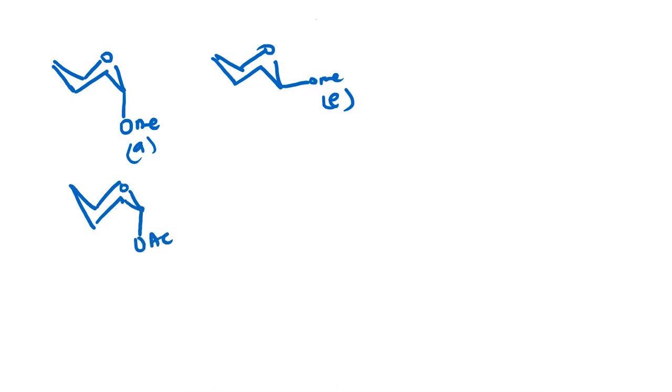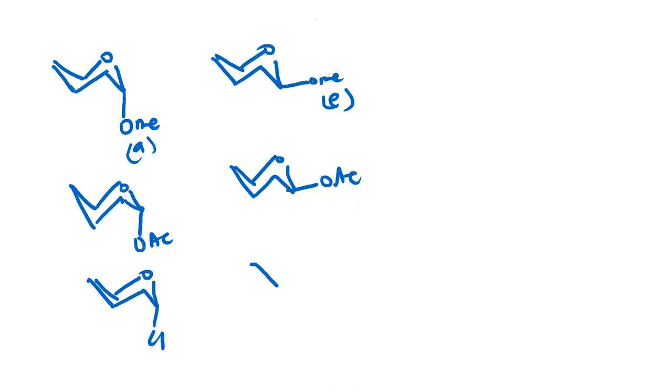Here we have acetate, which is in axial position, and here we have equatorial position. And in the next case, here we have chlorine in axial position, and here we have equatorial position. If you observe all of this, the first one is 67% existent.